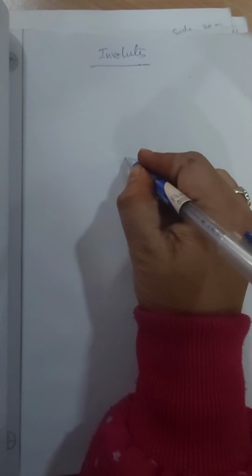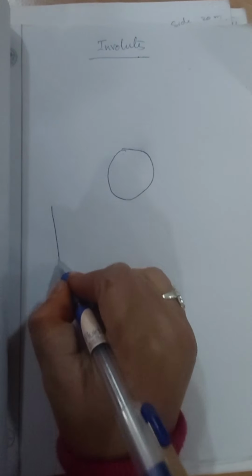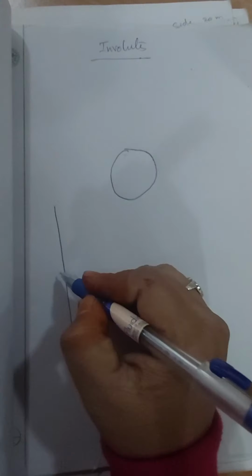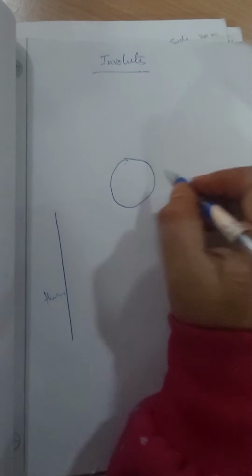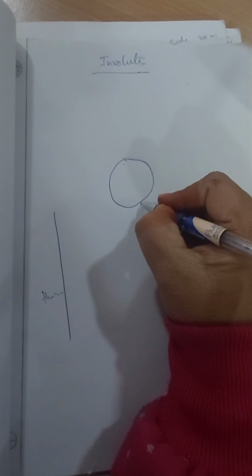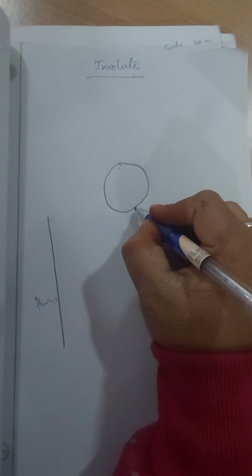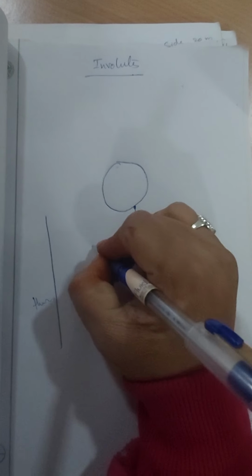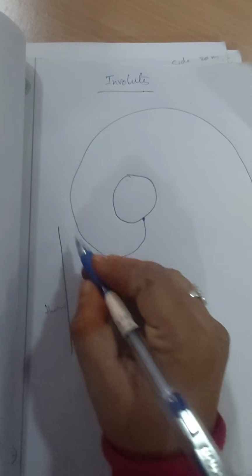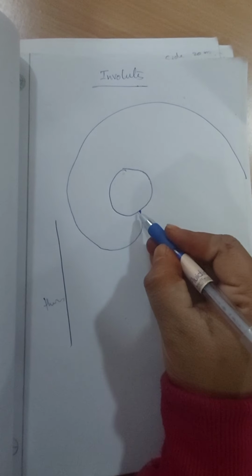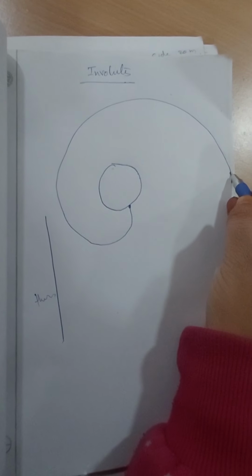For example, see, it is a circle and it is a bit of thread. This thread is wound on the circle. This is the end of the thread. While we are unwinding this tip of the thread from the circle, the traveling path of the end point of the thread will be in this way.